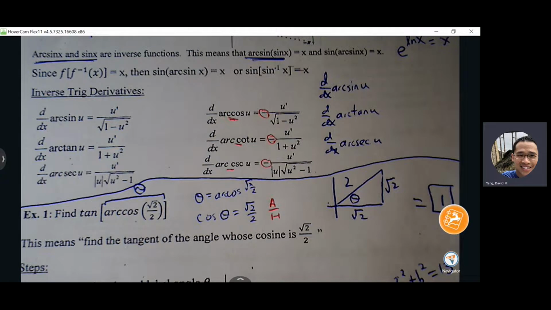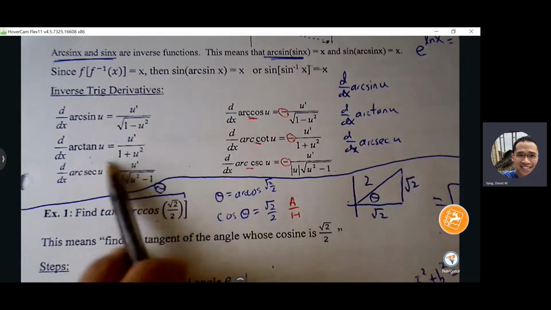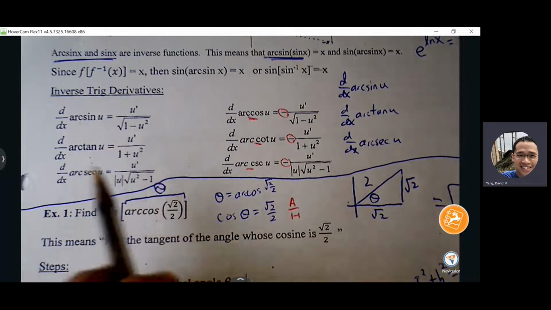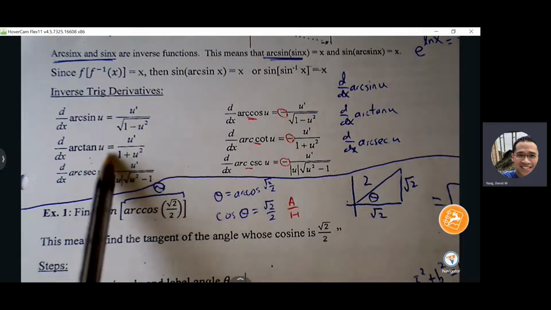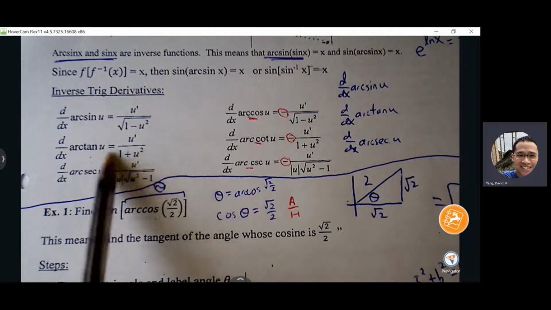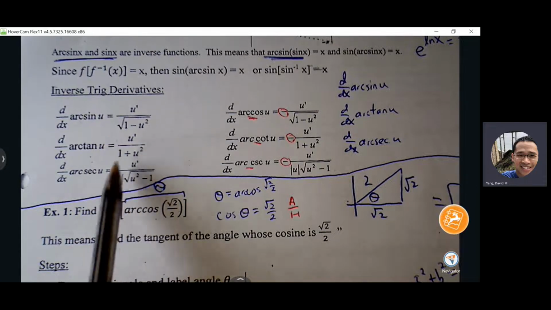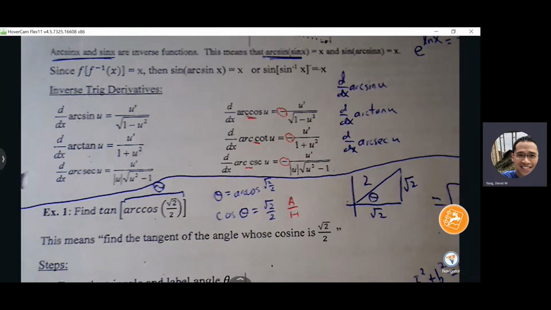So if you look at these rules here, the arctangent looks the cleanest, right? There's no square root, there's no minus, there's no absolute value. It feels the easiest one. So let's start here. We're going to build off of this arctangent, and if I can memorize this arctangent, I can arrive at these other two rules just by exploring some of the differences.